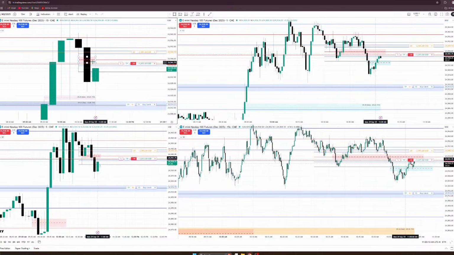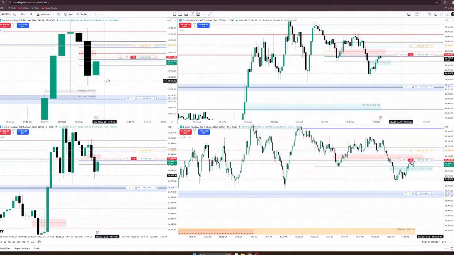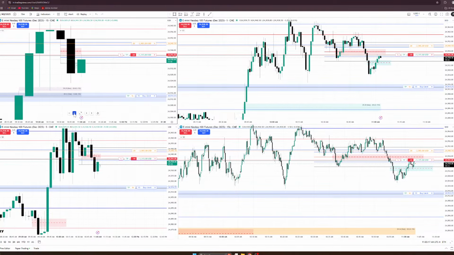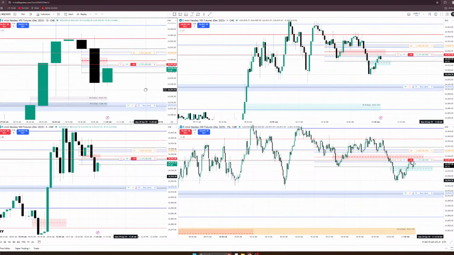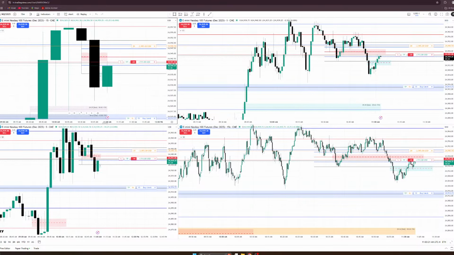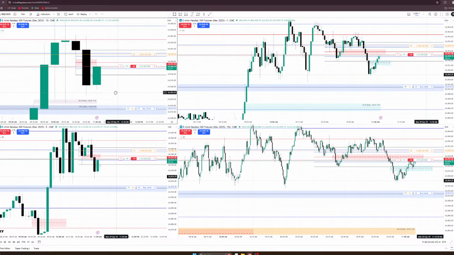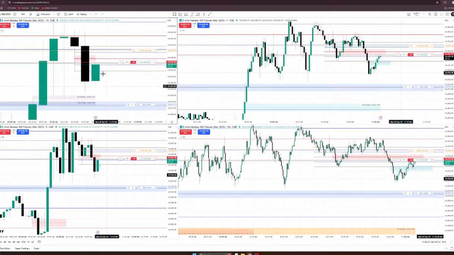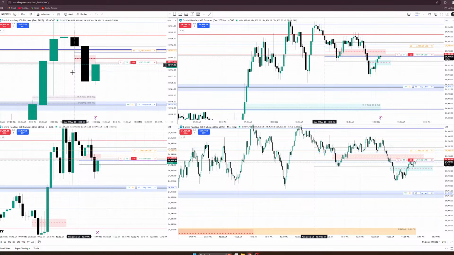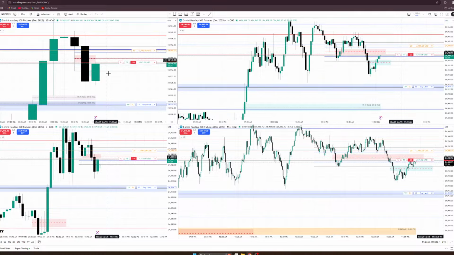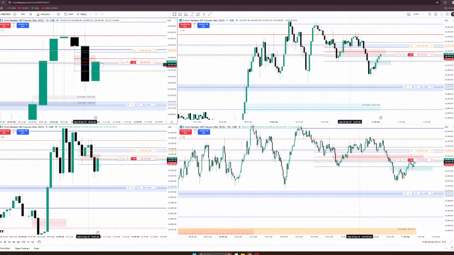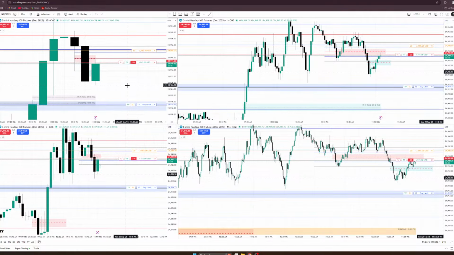So that will be the last line in the sand. So if price closes above this bearish fair value gap or 50% of this wick, then it is over for longs, guys. Longs are done.